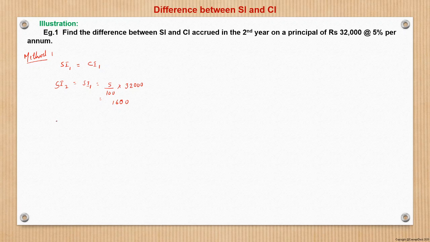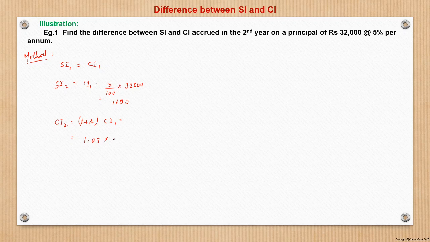And CI2 will be what? We know that CI2 will be (1 plus R) times CI1. This property we had seen in the previous session. Compound interest during a year is (1 plus R) times the compound interest in the previous year. So here we can write this as 1.05, R means 5%, 0.05, into CI1.